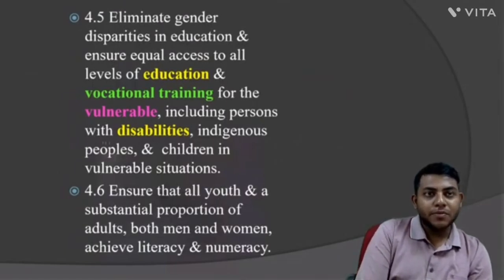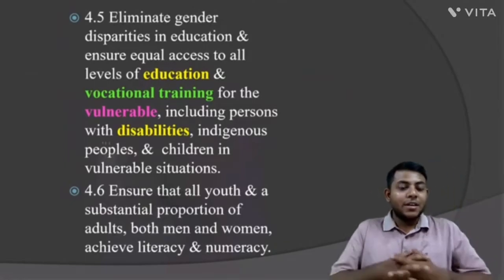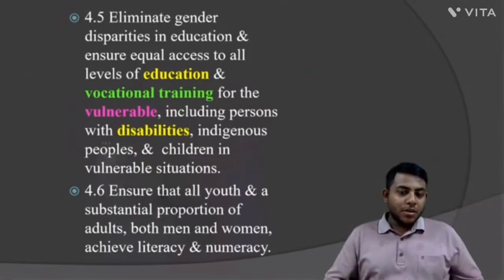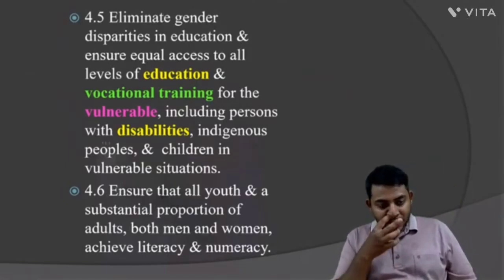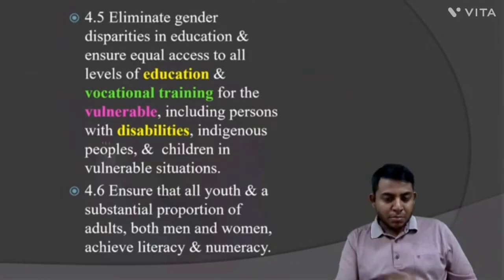Sustainable Development Goal 4.5 talks about eliminating gender disparities in education and ensuring equal access to all levels of education and vocational training for the vulnerable, including persons with disabilities, indigenous peoples, and children in vulnerable situations.